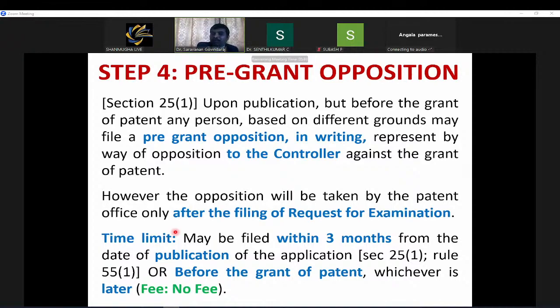Then the controller will give a notification to the particular person who filed the patent. He has to give clarifications, either in writing, or sometimes there will be face-to-face interactions if needed. In that case, they find out which one is correct. If whoever is opposing is wrong, then automatically the process will continue. Otherwise, they will stop.